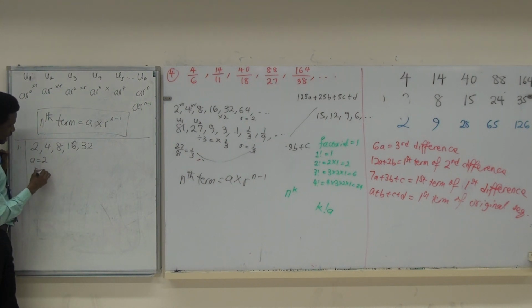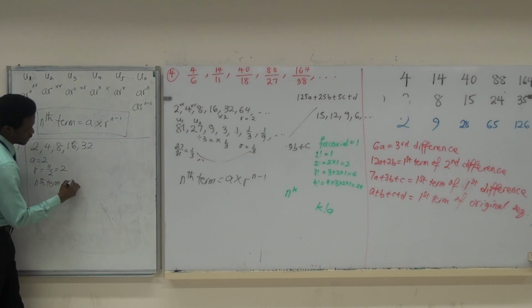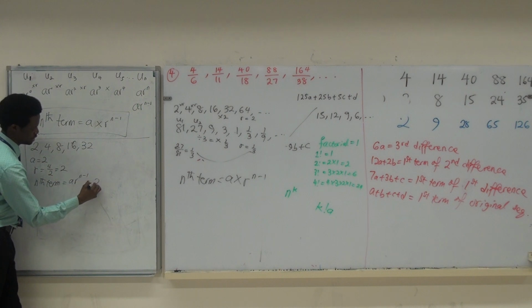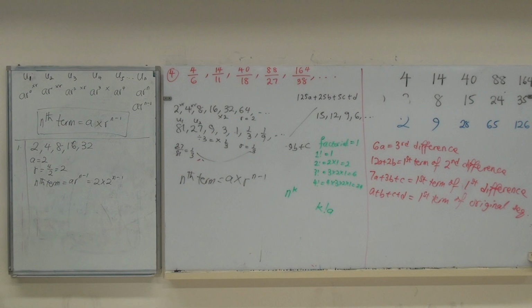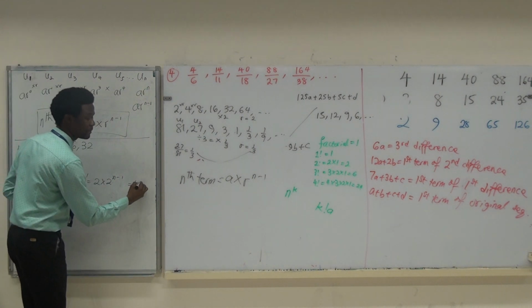And the next thing, R is 4 divided by 2, which is 2 as well. So your nth term, A R to the n minus 1, will be 2 times 2 to the n minus 1. Is that right? Is this the simplest form? No. Why? Because 2 times 2 is 4. So I get 4 to the n minus 1.